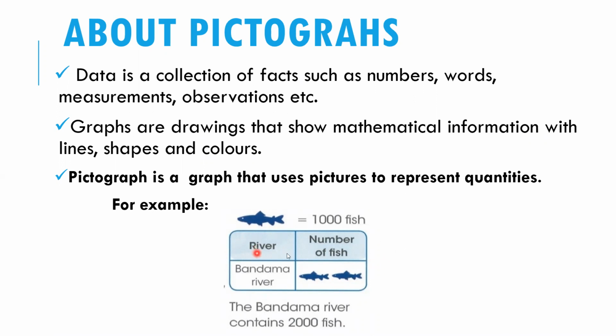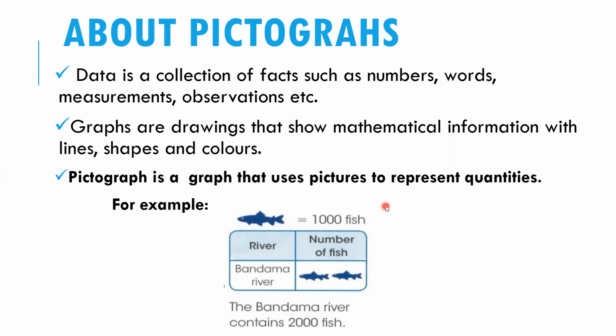Here it is river and number of fishes. Under river you can see Bandama river, and under number of fishes you can see the image of 2 fish. Just above the table you can see the picture of a fish, and it is written that a single fish equals 1000 fishes. So this is known as the scale.